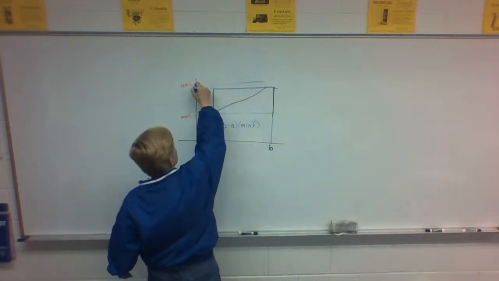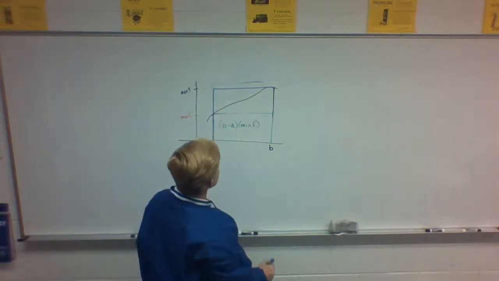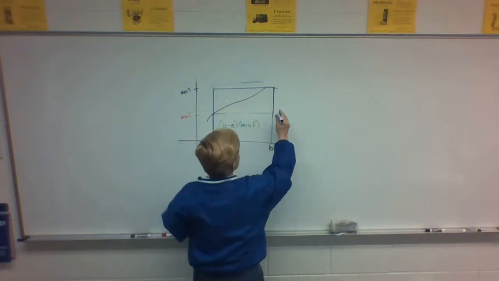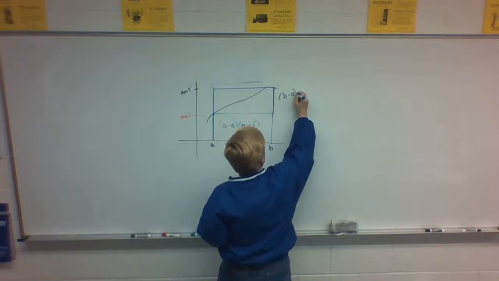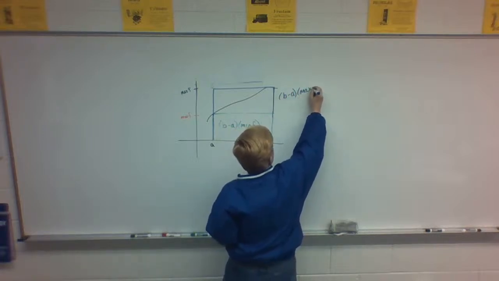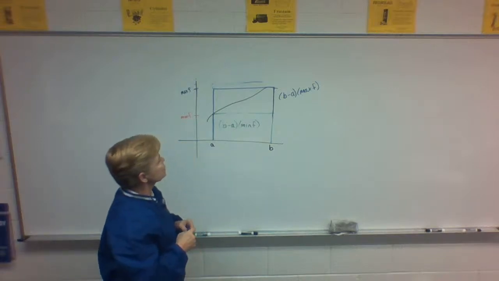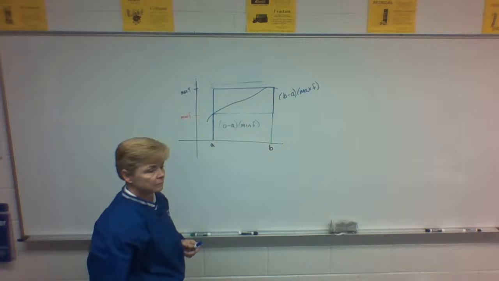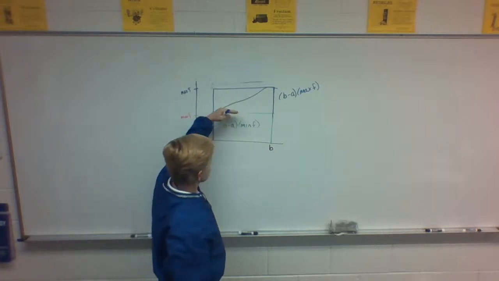Now, pretend this is down here. That's max f. Okay, so this rectangle, and I don't know how to actually show that because it also includes this right here, but I'm going to say the blue rectangle's area is going to be b minus a times max f. Do you agree? All right, so the actual area under the black curve is somewhere between the blue area and the green area.